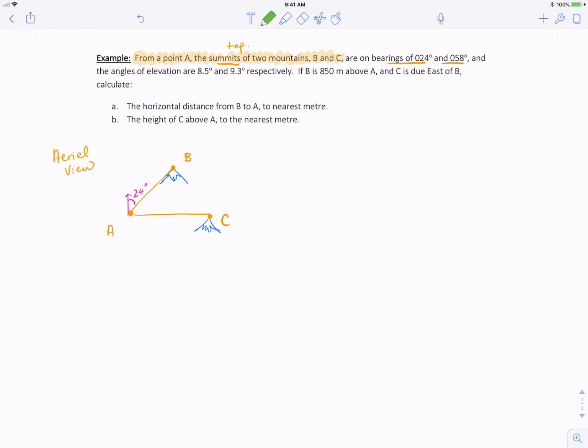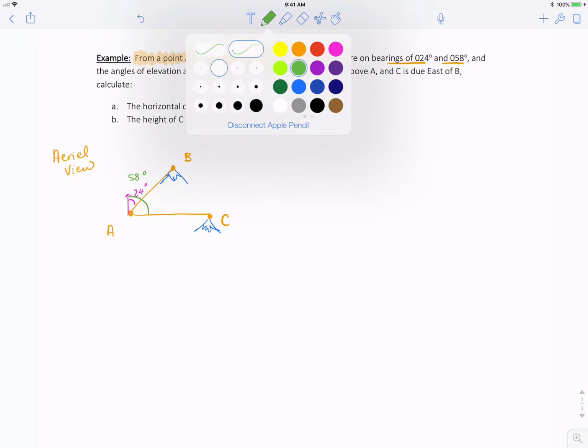Okay, I'll do that in green. From start to finish, that's not what I meant to do. I'll maybe do it on the outside. That angle, 58 degrees. I want to be really careful, so I'm going to draw it outside, because I want to see if I can include an inside angle, and I should be able to.